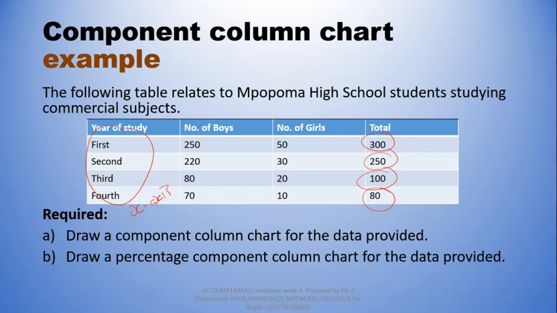So this is our y variable, the y-axis. This is dependent, and this one is independent. Once we have established that, we can safely say, let us draw.